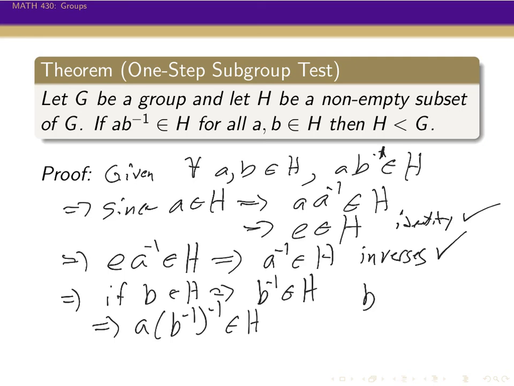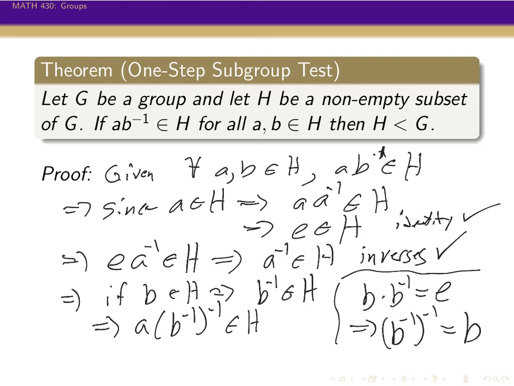Since we know that B times B inverse is the identity, that's the definition of B inverse being the inverse. Since we saw that inverses are unique, the inverse of B inverse has to be B, because it's what we applied to B inverse to cancel B inverse out. And so we get that AB is inside H as well. And so we have closure.